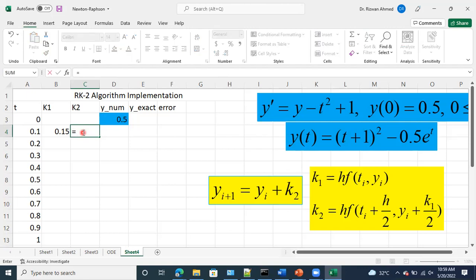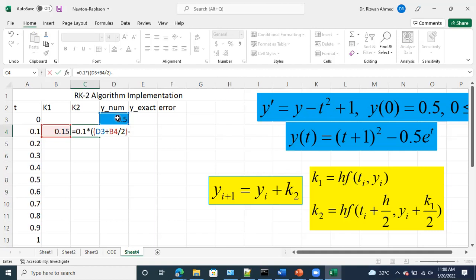I write here h, which is 0.1, times f of ti plus h by 2, yi plus k1 by 2. So y must be replaced by y plus k1 by 2. So this is y from the function.